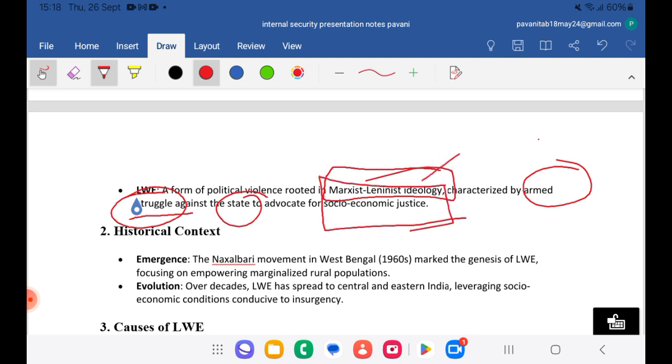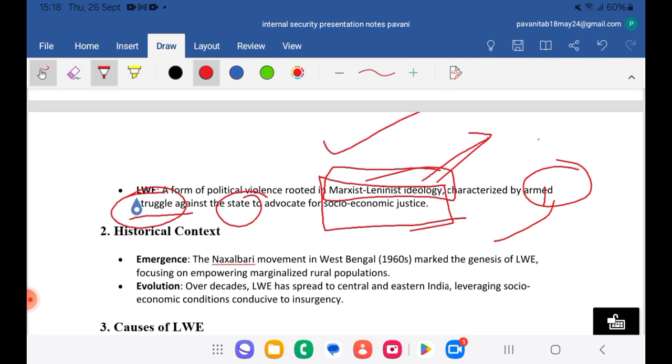So one keyword is it is based on Marxist-Leninist ideology and it's an armed struggle against state. Against whom? Against state. What kind of armed struggle? Based on Marxist and Leninist ideology. For what? For socio-economic justice. Got it? So now we see definition is done.